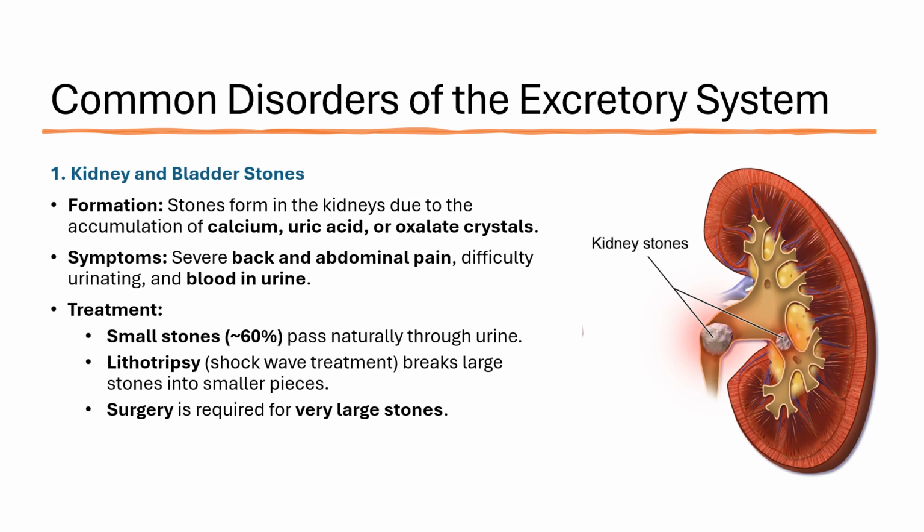Or else there is lithotripsy, a shock wave treatment which breaks large stones into smaller pieces. Again, drinking a lot of water can help you to pass the stones out through urine.